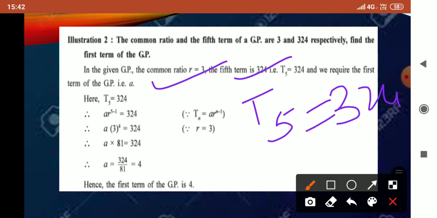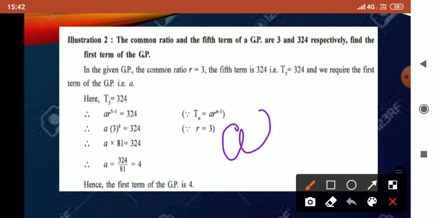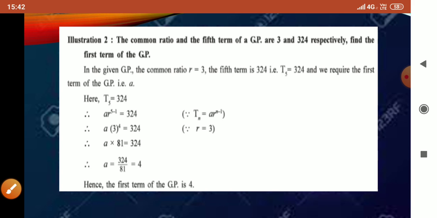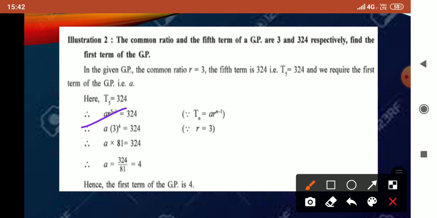Okay, now what is my formula? My formula is ar raised to n minus 1. Your n will be 5 because t5 is there, no? So this is the formula, ar raised to 5 minus 1, which is given as 324.